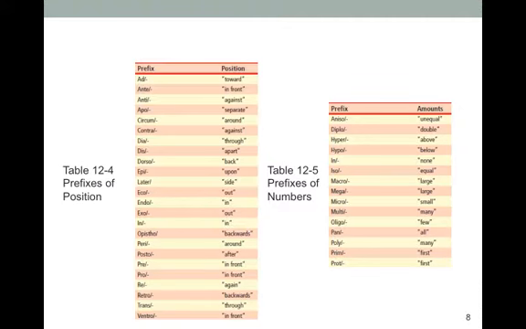An exocrine organ would be outside the body. Prefixes of numbers. Aniso, unequal. Diplo, double. Hyper, above. Hypo, below. Iso, equal. Mega, large. Micro, small.